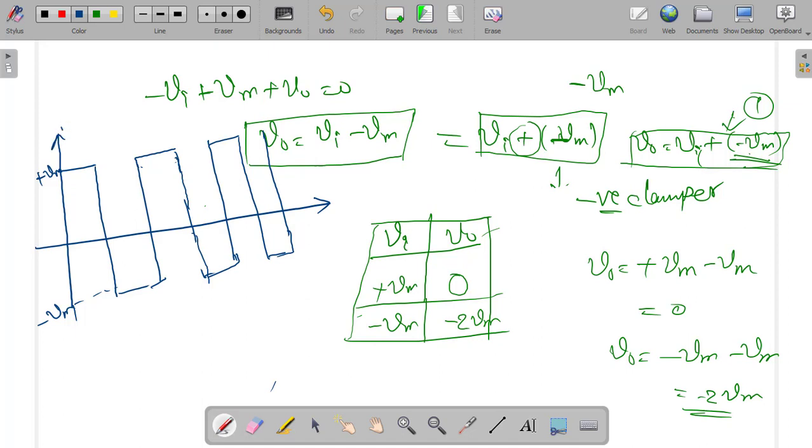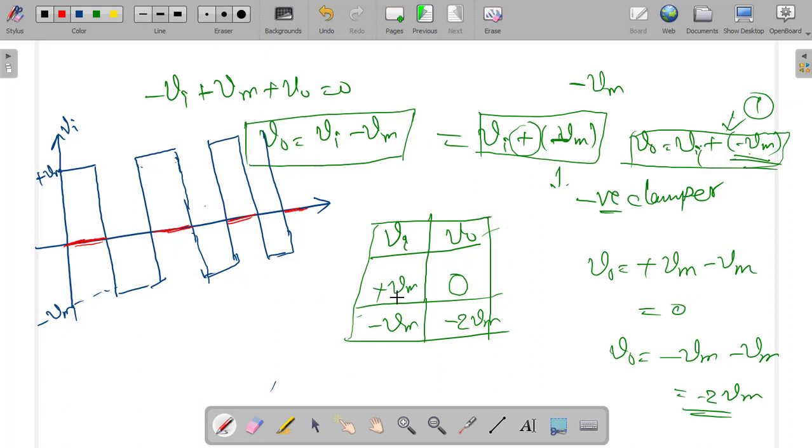Whenever Vi is equal to plus Vm, let's observe the circuit: your V0 is 0. I am drawing the output in red. Whenever Vi is equal to plus Vm, your V0 is 0. Whenever Vi is equal to minus Vm, your V0 is minus 2Vm.